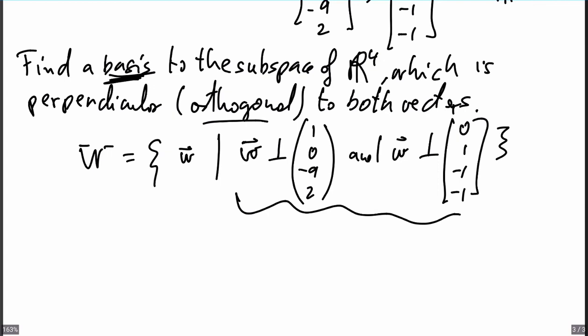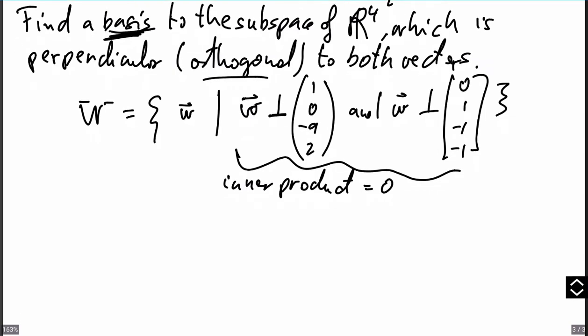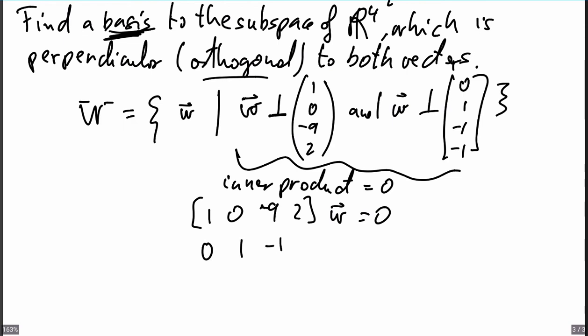That means that the inner product is 0. And I'm going to turn this around. Orthogonality is symmetric. If W is perpendicular to this vector, then this vector is perpendicular to W. And then the inner product should be 0. The way we will write this down is that (1, 0, -9, 2), the row vector, because that's a transpose vector, times W should be 0. And also the other one, (0, 1, -1, -1), multiplied by W should be 0.